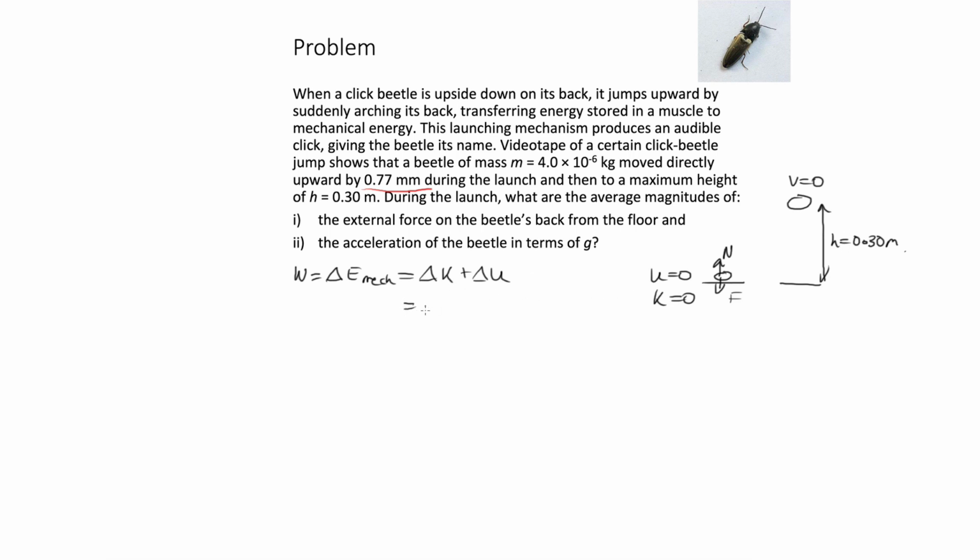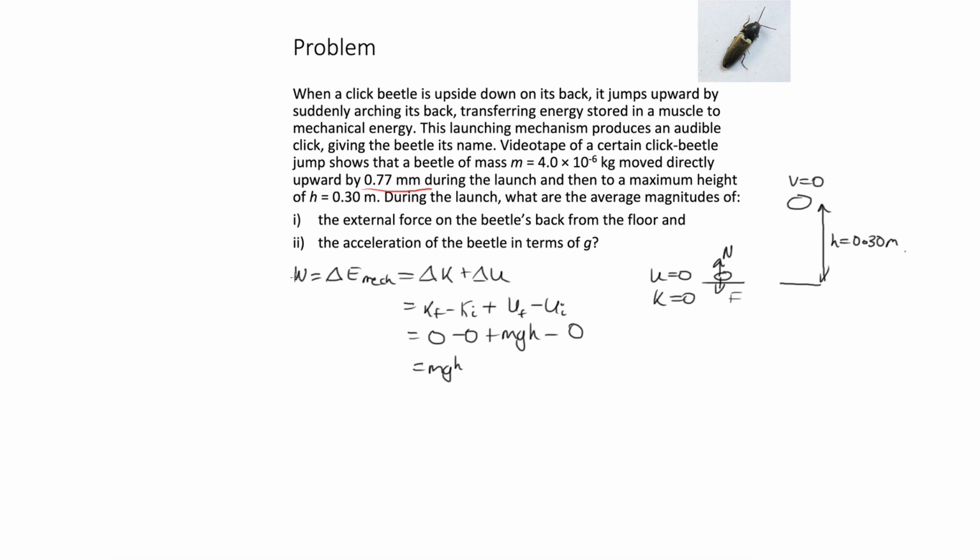So this is equal to the final kinetic energy minus the initial kinetic energy plus the final potential energy minus the initial potential energy, which is equal to 0 minus 0, because it doesn't have any kinetic energy here and it doesn't have any kinetic energy up here, but it does have a final potential energy, so that's mgh, and it's got no initial potential energy. So we can say that the work done by the force launching the beetle is equal to mgh.